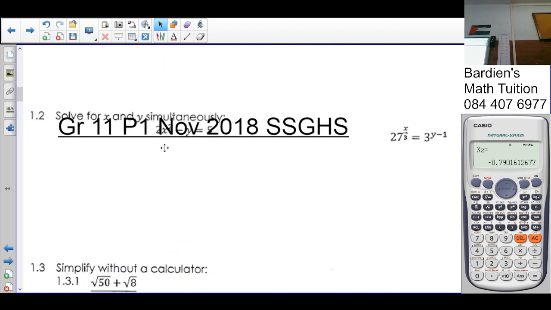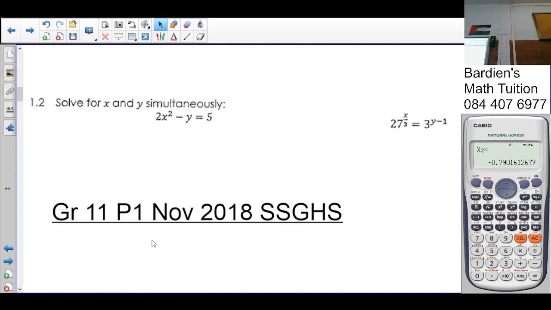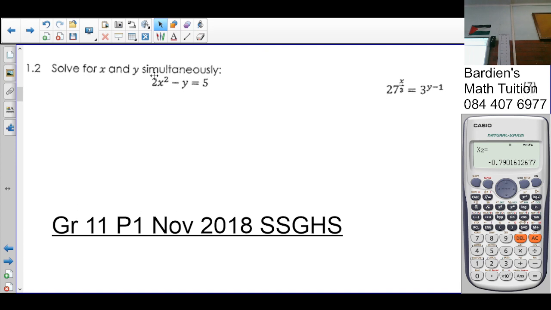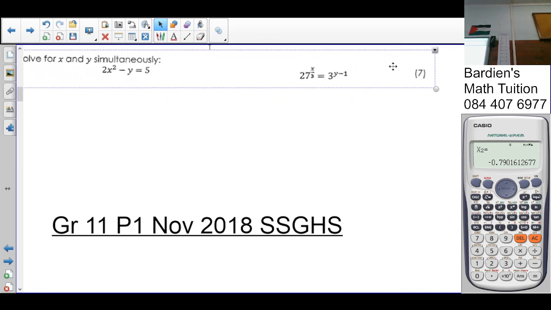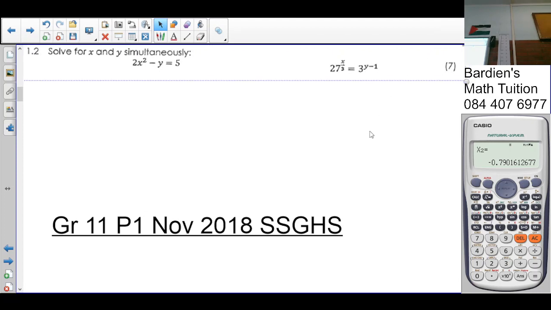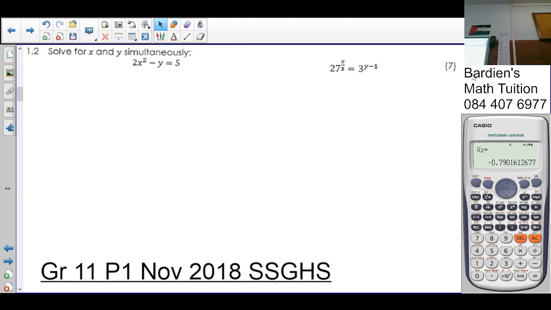The next question is simultaneous equations, to solve for x and y simultaneously, and it's worth 7 marks. Okay. So first we're going to sort this one out here.